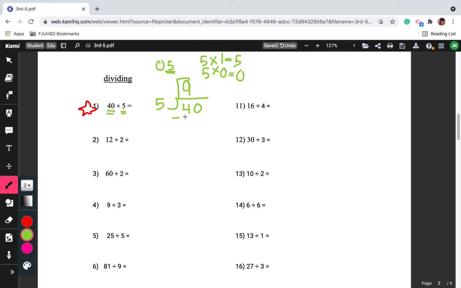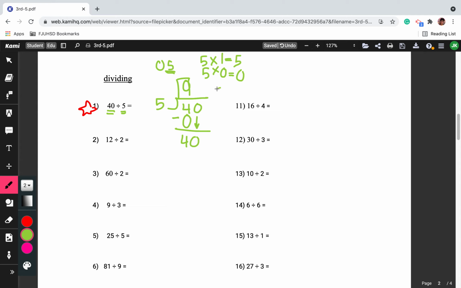Therefore, you put the product, which is 5 times 0, is 0. And the answer is going to be the same. If that is going to be the same, that means the answer is going to be a one-digit value. So we need to actually find how many times can 5 go into 40.